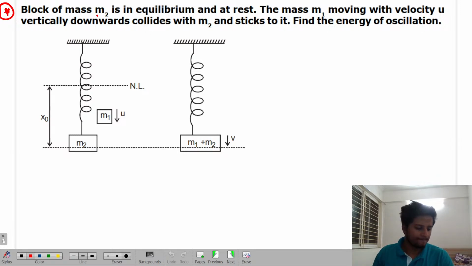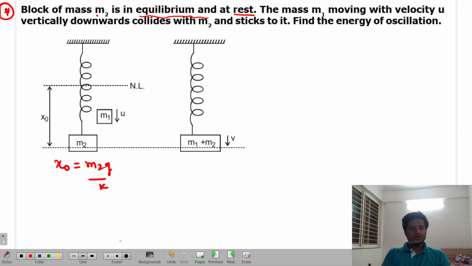अच्छा देखो, पहला काम क्या है कि इक्विलिब्रियम पॉइंट को फाइंड आउट करना बोल रहा है, is in equilibrium and it is at rest. सो इक्विलिब्रियम कहीं ना कहीं पॉइंट पे होगा ना, तो मान लो m2 is in equilibrium, but it is saying the block m2 is in equilibrium, where it is at equilibrium, where x naught is equal to m2g by k. ठीक है, कैसे लाया वो ड्रॉ कर देता हूँ.